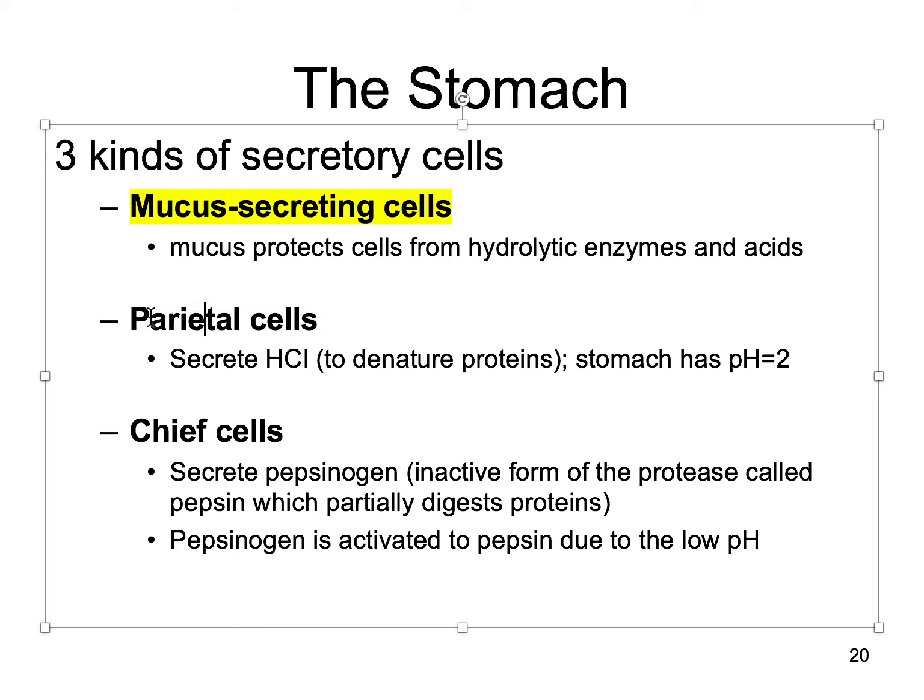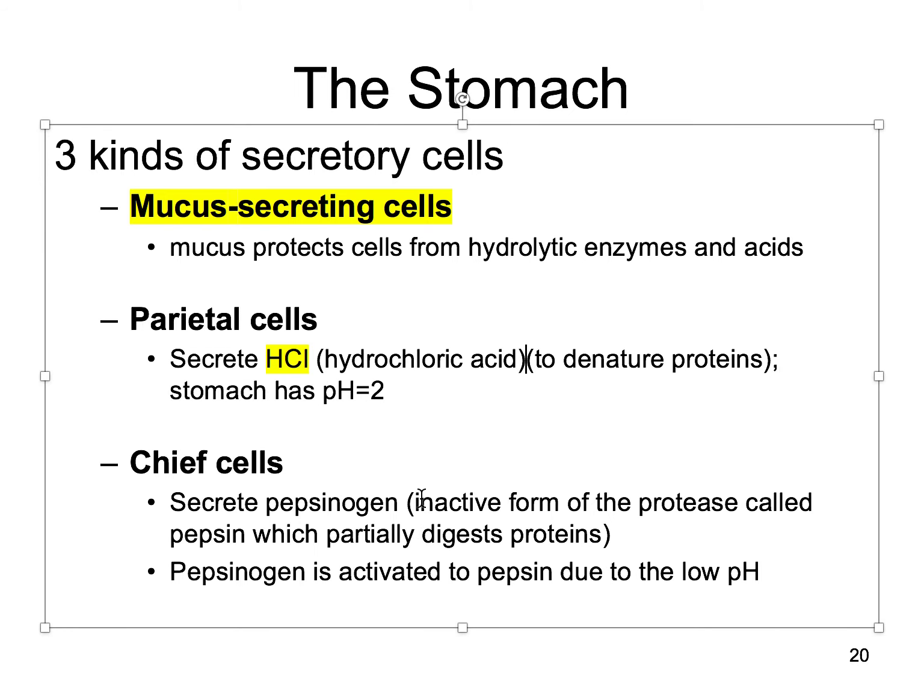Then we have the two major exocrine cells. We have parietal cells. Parietal cells make hydrochloric acid. HCl is hydrochloric acid. And the job of hydrochloric acid is to denature proteins. Hydrochloric acid is a strong acid. The acid that we produce in the stomach has roughly a pH of about 2.